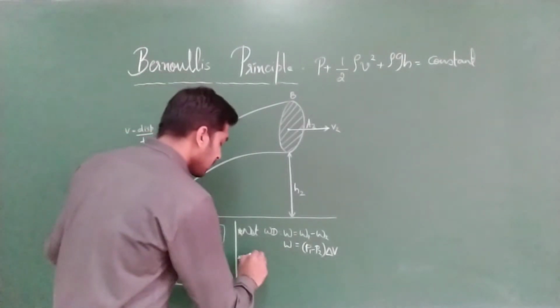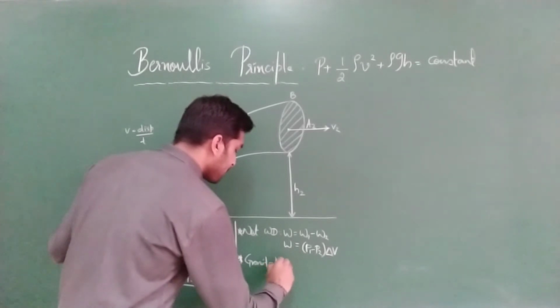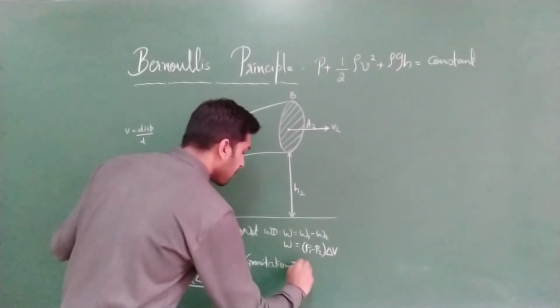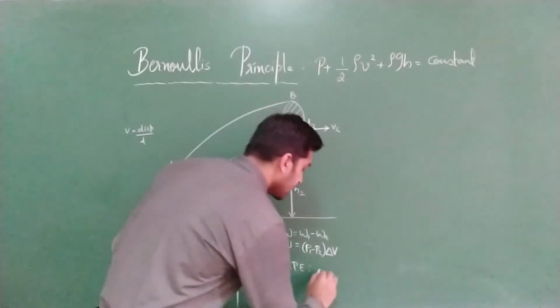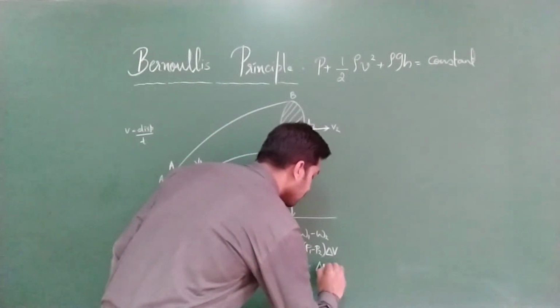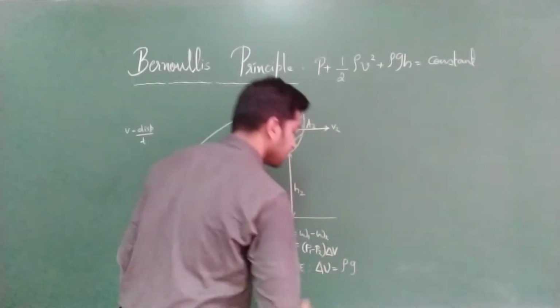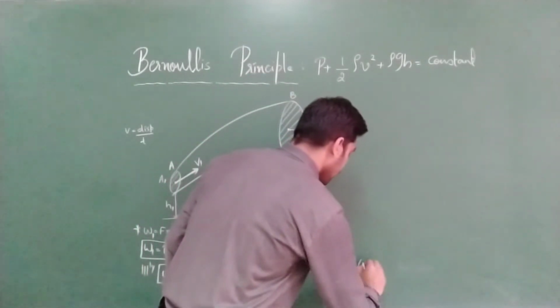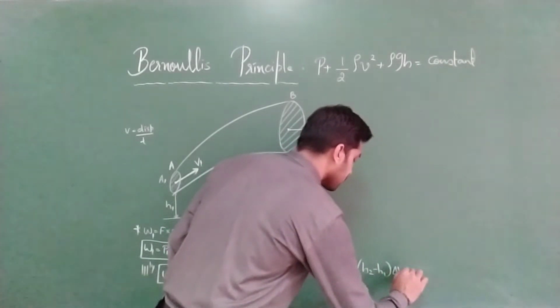Next, the gravitational potential energy is given by delta U is equal to rho g into H2 minus H1 into delta V. You have to remember this.